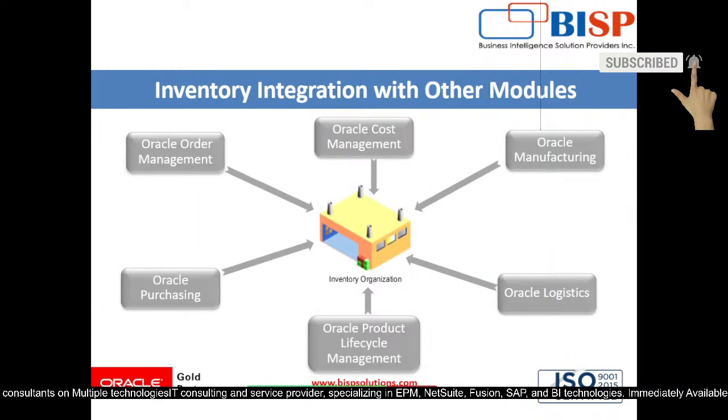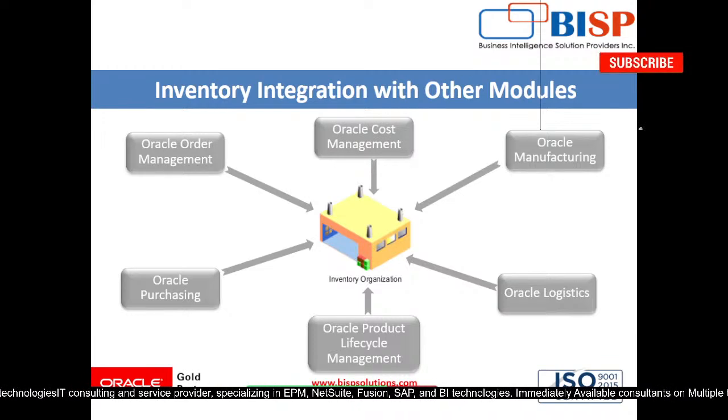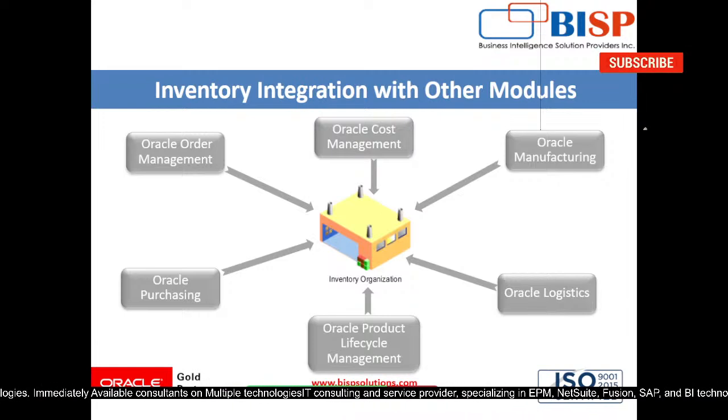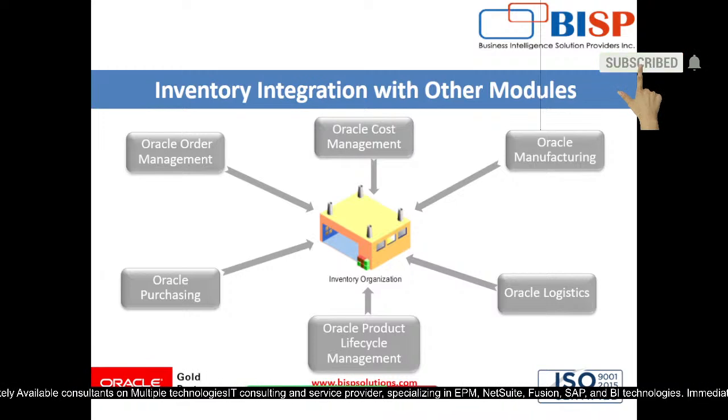The inventory organization has integration with the other modules, right? We can see all the modules are connected with the inventory organization. You can see here the order management, Oracle Purchasing, cost management, all the modules are connected with the inventory organization so that we can perform the inventory related tasks.